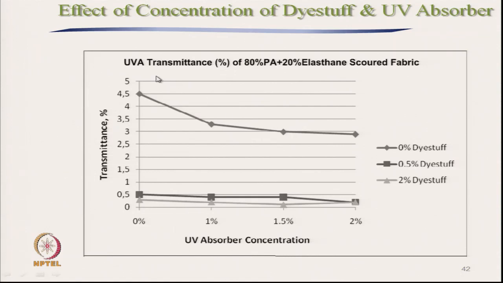Here in this picture it shows UVA transmission for 80% PA plus 20% elastane scoured fabric. At the bottom it is showing with a 2% dye stuff, here it is 0.5% dye stuff, and here it is undyed.